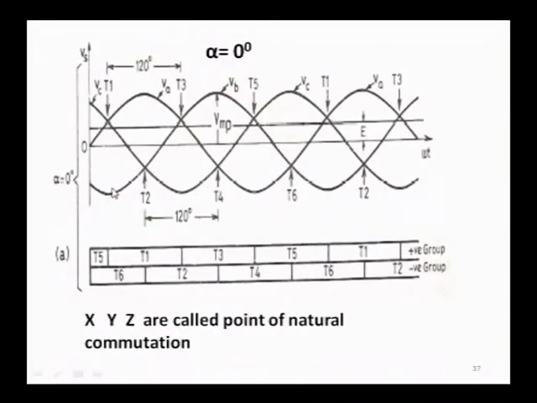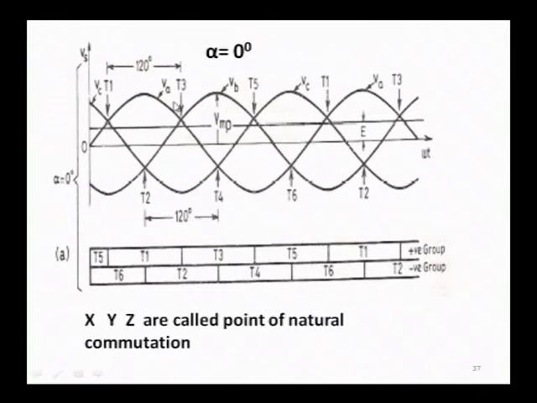Okay. Now, when alpha is equal to 0 degree, you can see the firing sequence shown there, T1, T3, and T5. You observe this very carefully. Now T1 and T3 are fired, so they have 120 degree phase displacement with each other.